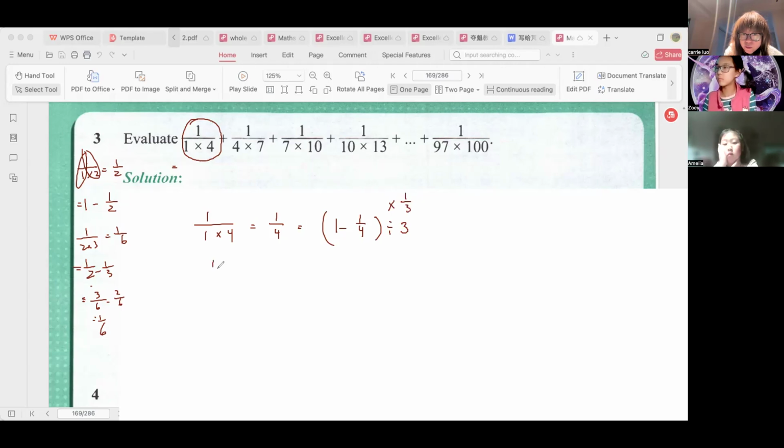So let's take a look at this one. 1 over 4 times 7, that's the same thing, equals 1 over 28. So I want you to calculate, does it equal 1 over 4 minus 1 over 7?